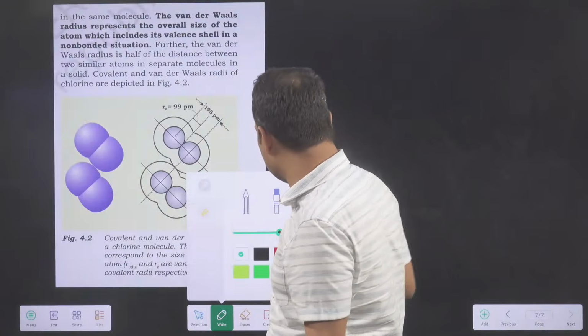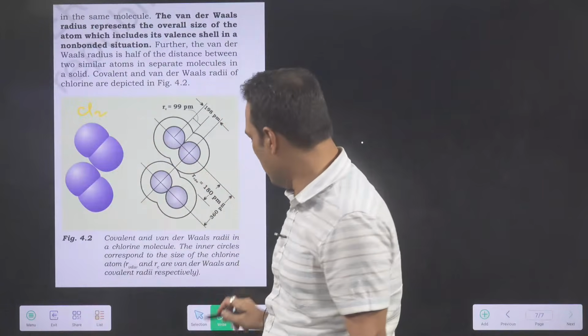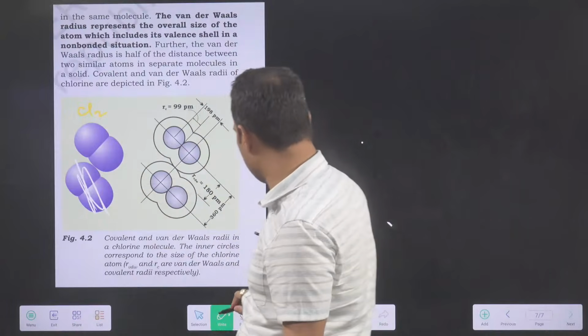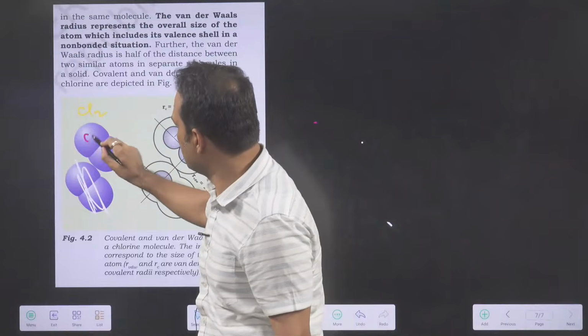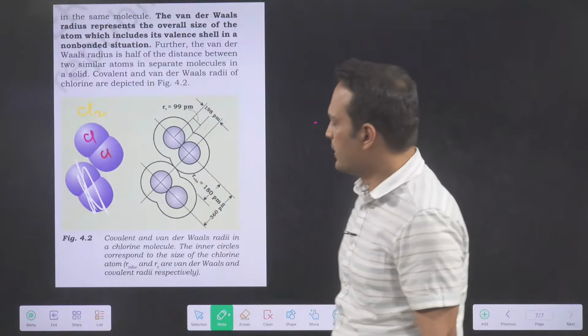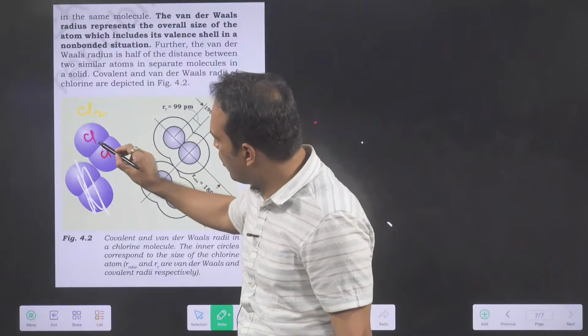You think like this. This is a Cl2 molecule. Forget this one, you just think about this. This is one Cl, one Cl, Cl2. Now see, they have overlapped. When they overlapped, some part is common.